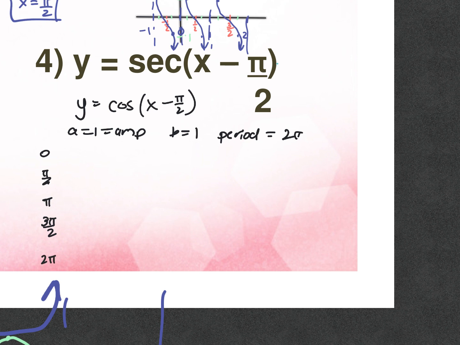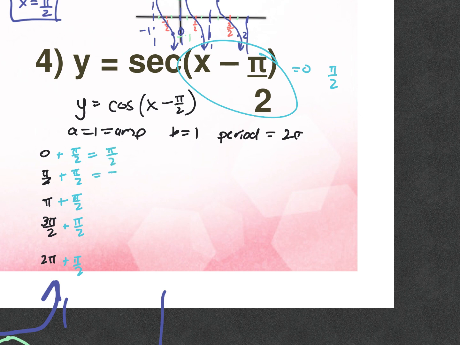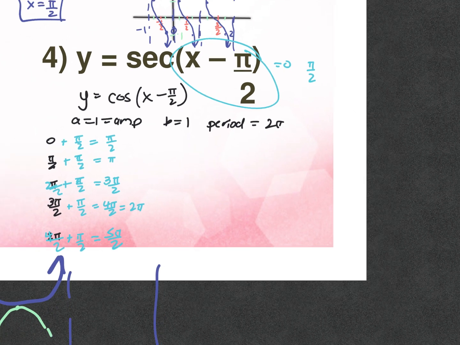And then to each of these, we're going to take our phase shift, which is pi over 2, and add it. It would be 2 pi over 2, so 3 pi over 2, 4 pi over 2, which is 2 pi. This would be 4 pi over 2, so 5 pi over 2.